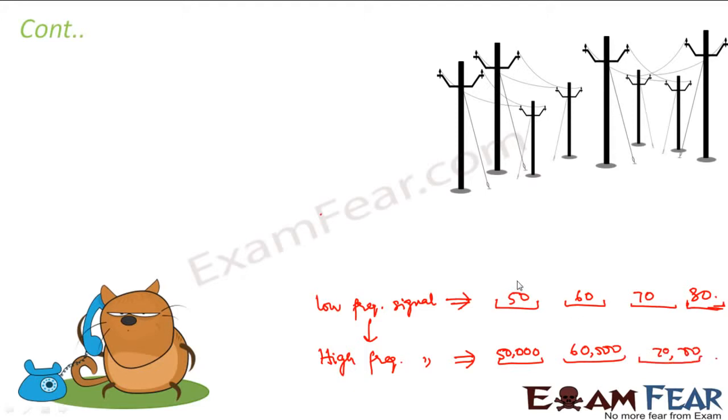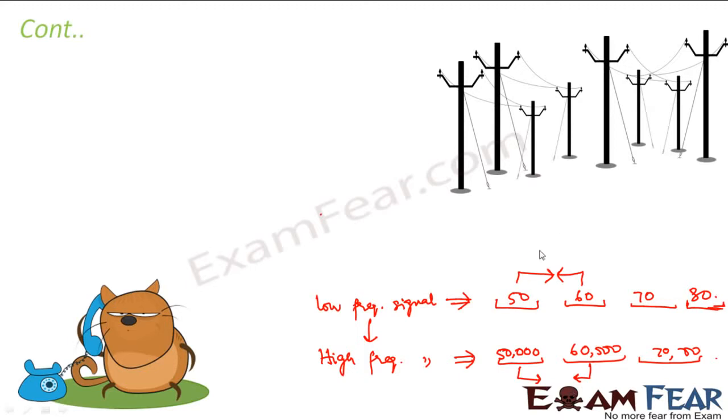Now, if you compare this frequency slot and this frequency slot, what do you feel? A signal with 50 hertz frequency and a signal with 60 hertz frequency. So, the difference between them is very less, right? So, there are still chances of these two signals getting mixed up. But if you compare a signal of 50,000 hertz and 60,000 hertz, the difference between the two signals is 10,000 hertz, which is a huge gap.